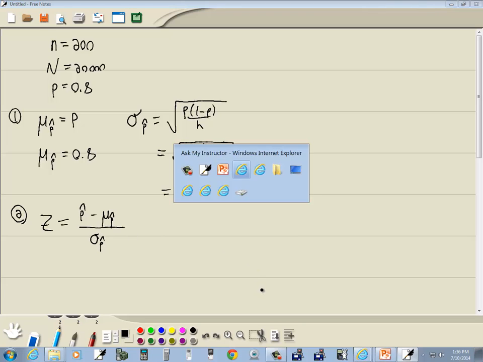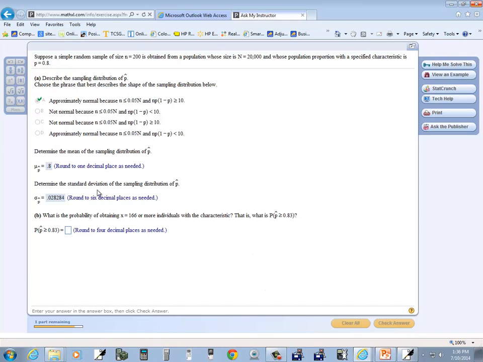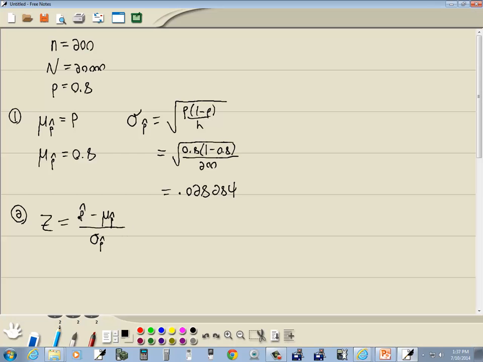Okay, now let's take a look at what they're asking for. What is the probability of obtaining x equals 166 or more individuals with the characteristic? And normally we'd have to switch this to p hat, because that's what we're looking for, and p hat is equal to x over n.